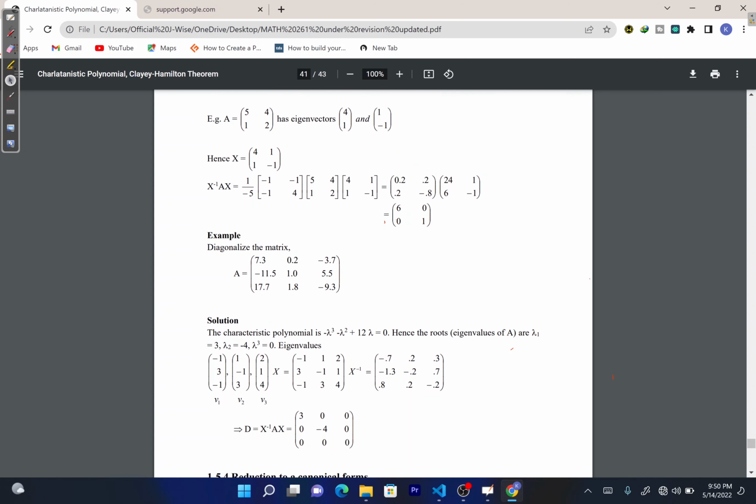And this is another example. So we have our matrix here. This matrix is not symmetric, right?